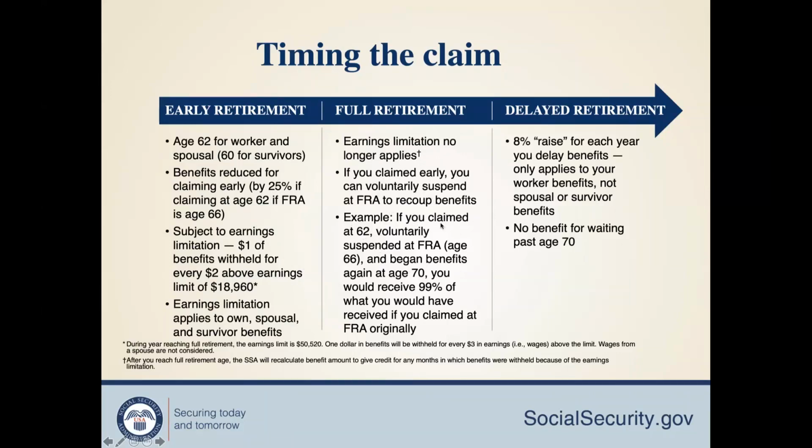For example, if you claimed at 62, voluntarily suspended at FRA age 66, and began benefits again at 70, you will receive 99% of what you would have received if you claimed at FRA. But I don't think this is too relevant. If you don't understand it, leave it.